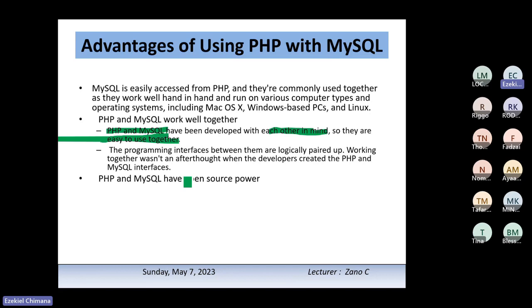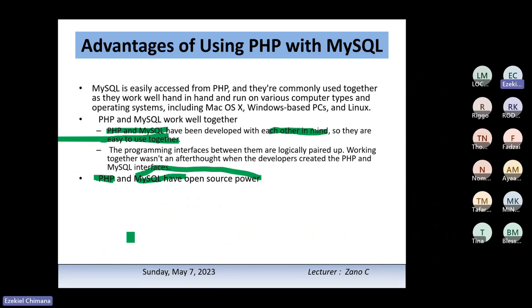So PHP and MySQL have open source power. Both PHP and MySQL are open source. Therefore, it's open source code. You can just go there and then do an improvement, or anyone can actually contribute to PHP or to MySQL.